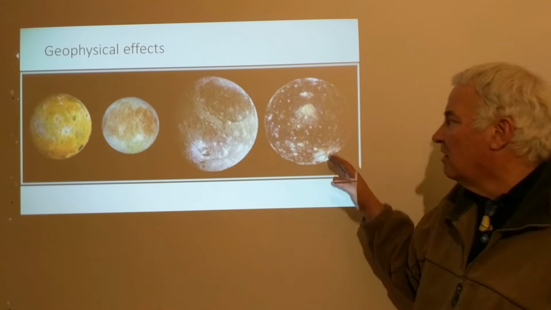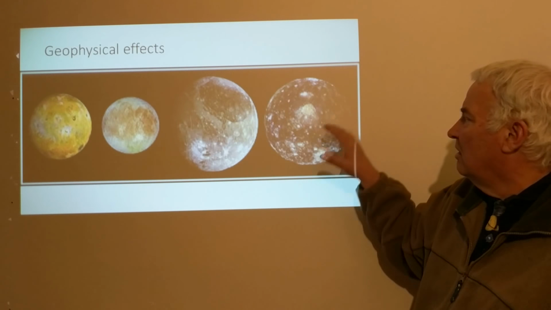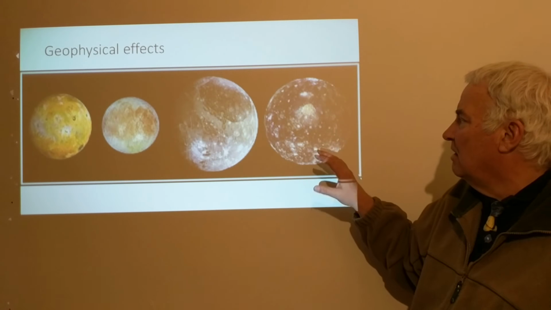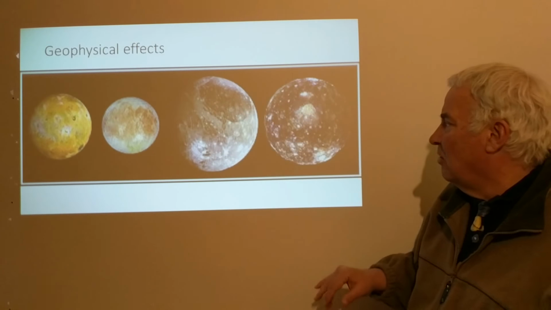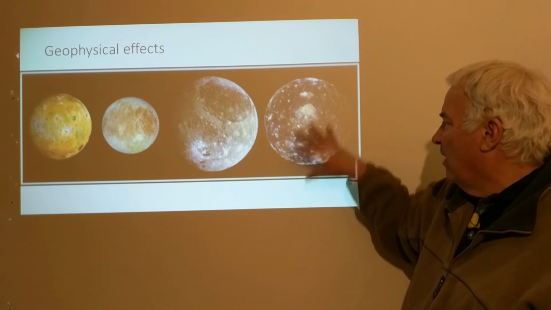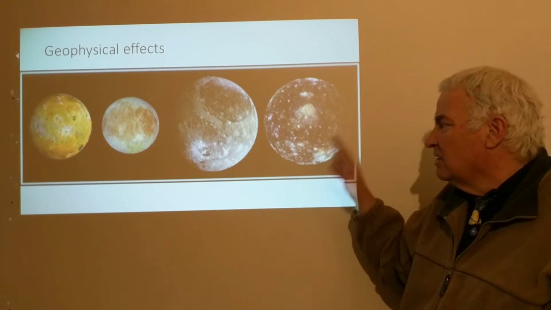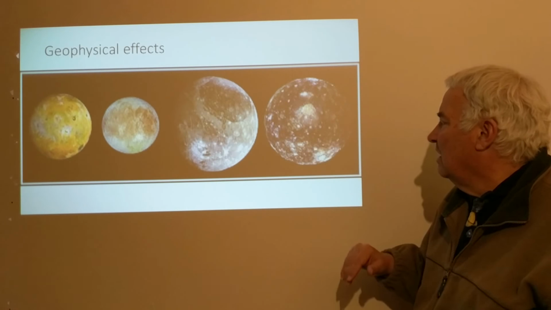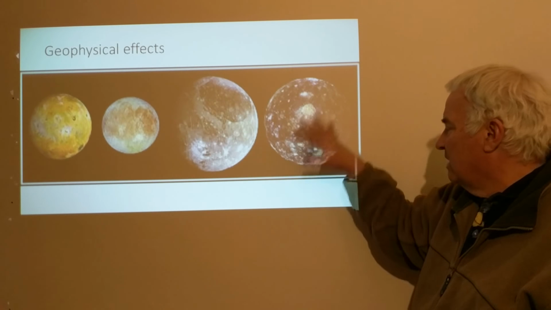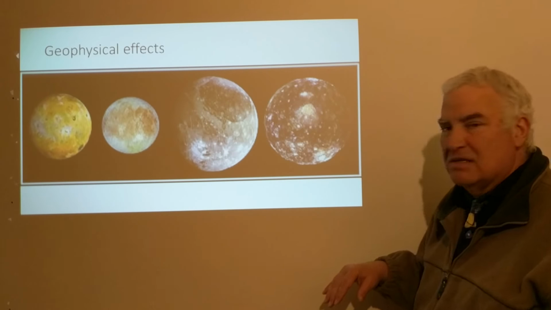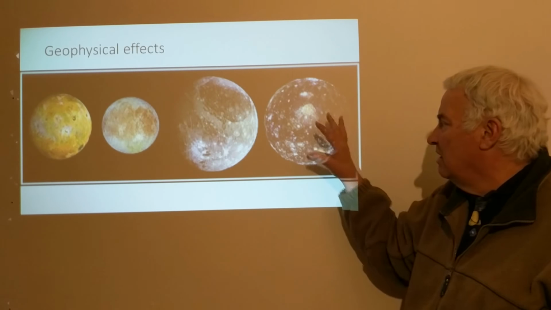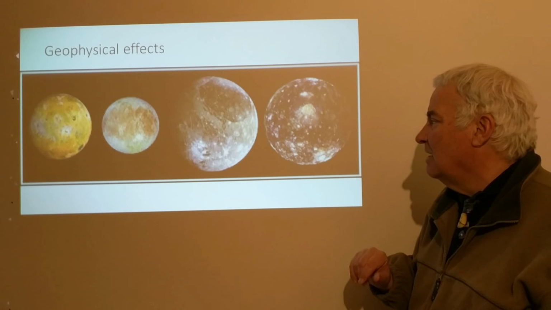Then Callisto. The entire object looks a lot like the dark areas on Ganymede. Very highly cratered. Callisto has more crater density than practically any object in the solar system, and it is virtually unaffected by the tides.